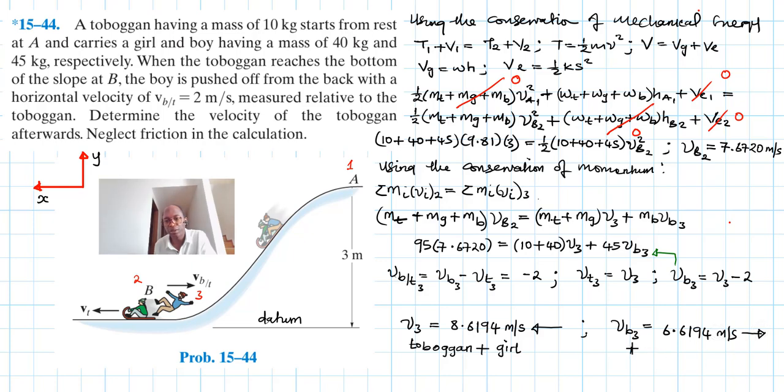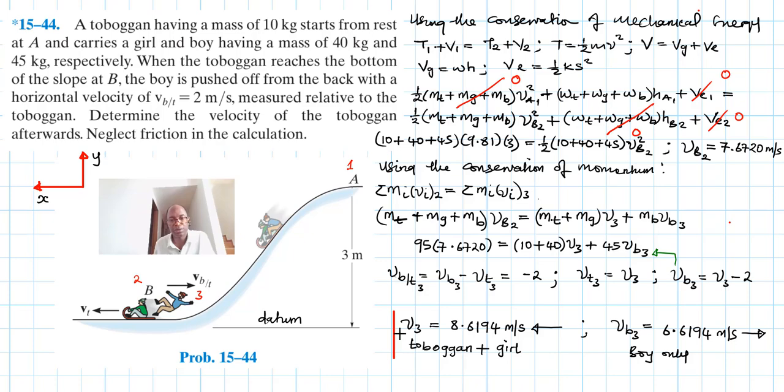This is just the boy only. So let me check it with that equation: 95 times 7.6720 minus 50 times 8.6194, divided by 45. I think this is about it.